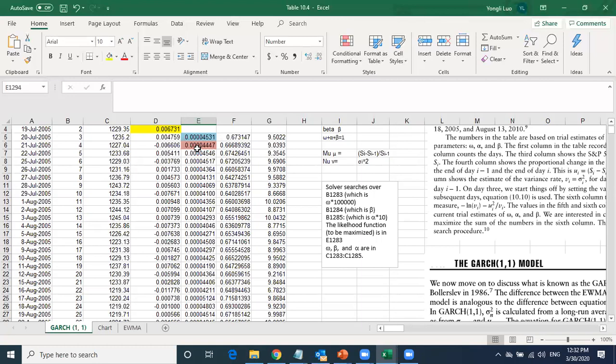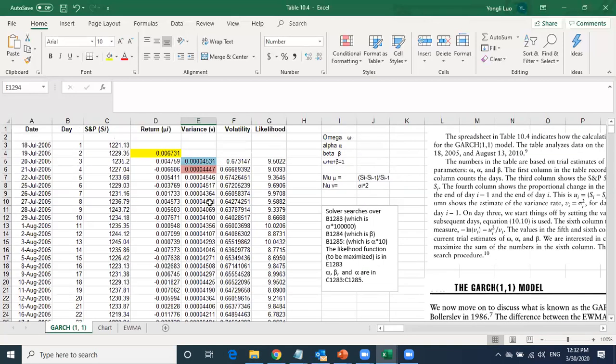That means today's price change is more associated with last day's or last week's price than with price changes several months or years ago. Understand what I'm talking about? Good.